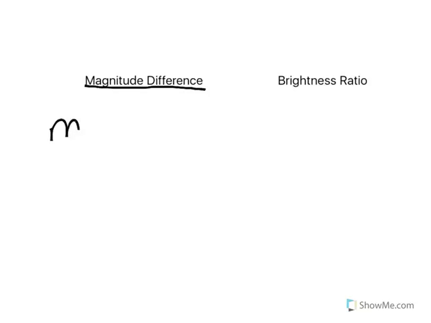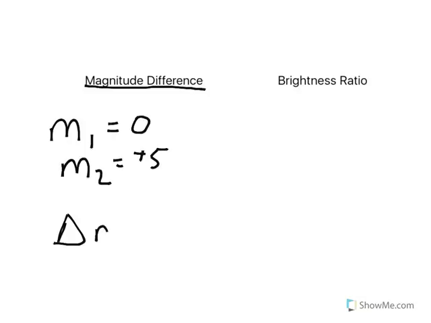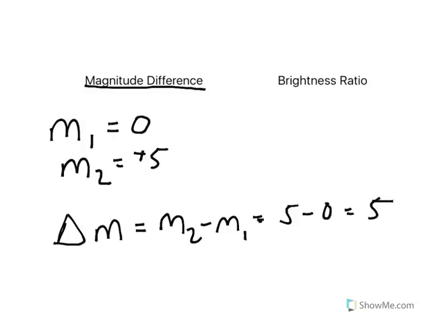So let's say we have a magnitude of one object, and that magnitude is 0, and a magnitude of another object, and that magnitude is +5. Then the magnitude difference, given the symbol delta, is equal to m2 minus m1, which is equal to 5 minus 0, or 5. So that's the magnitude difference.